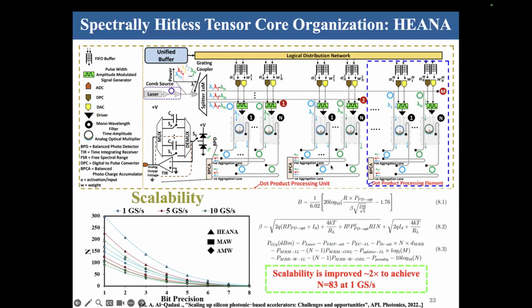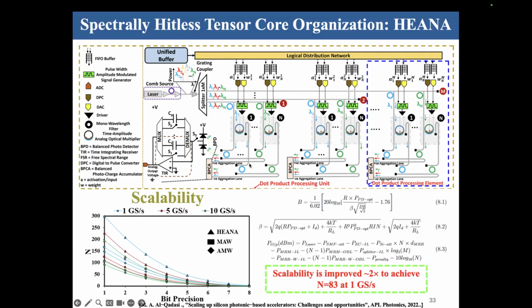So we did this, and then we created this sort of a tensor core, which is again a spectrally hitless tensor core, right? You have a comb source coming in, throwing the lasers. You have that fan out. You have the wavelength channels coming in these waveguides, and then you can filter individual wavelengths, and you can have this, we call this a TAOM, time analog amplitude optical modulator.